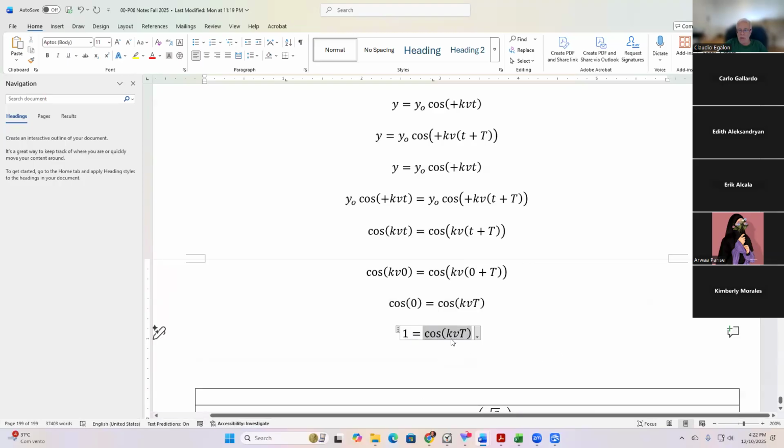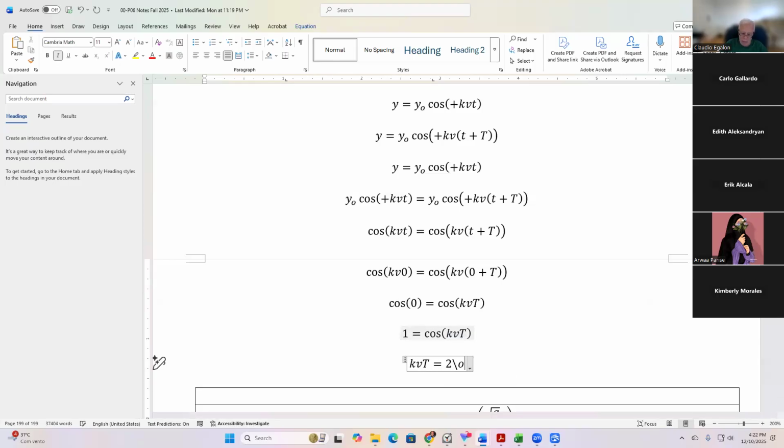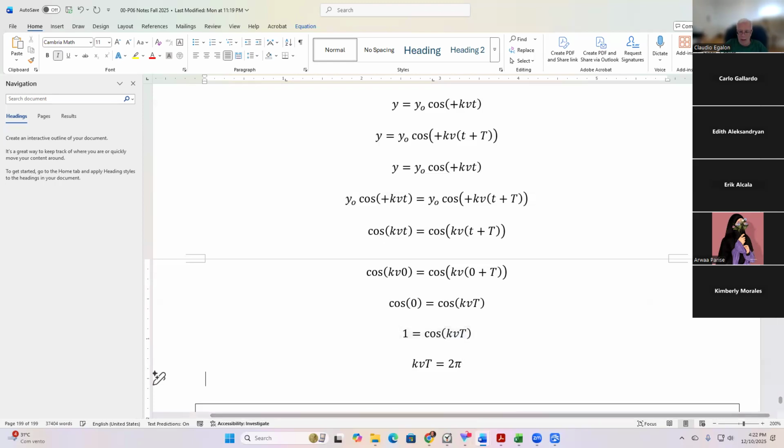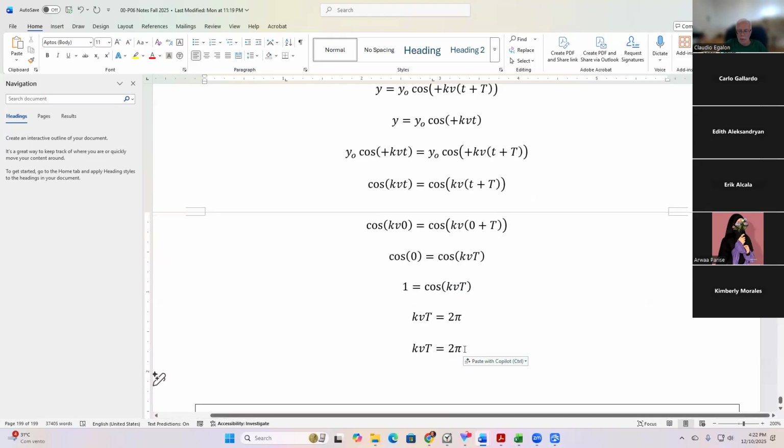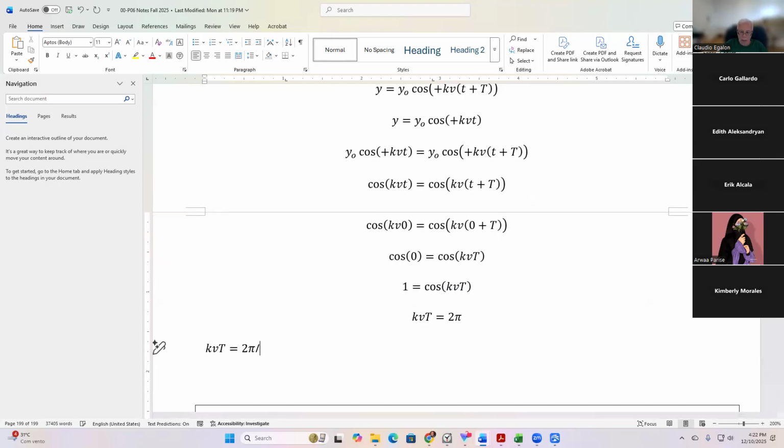And in order for this term to be equal to 1, kV capital T must be equal to 2 pi. Okay, and we find that our period is going to be 2 pi over kV.